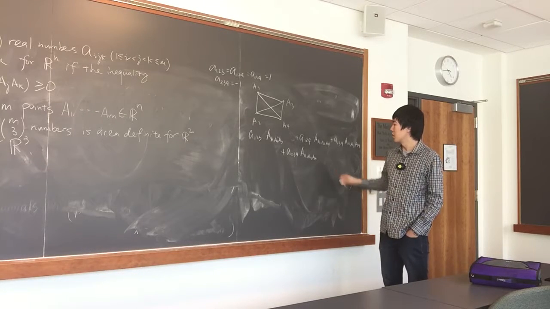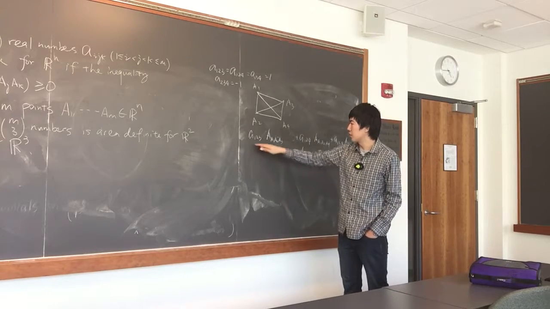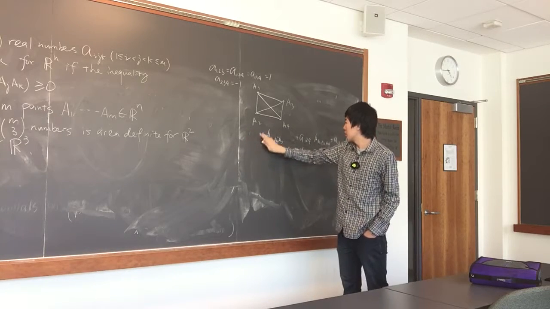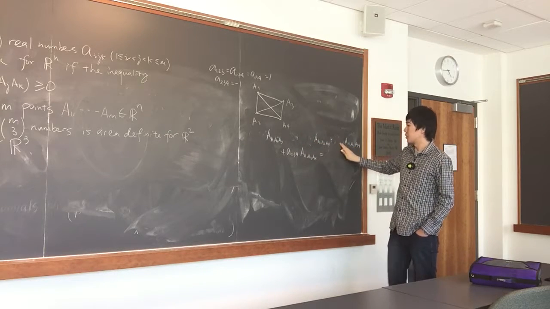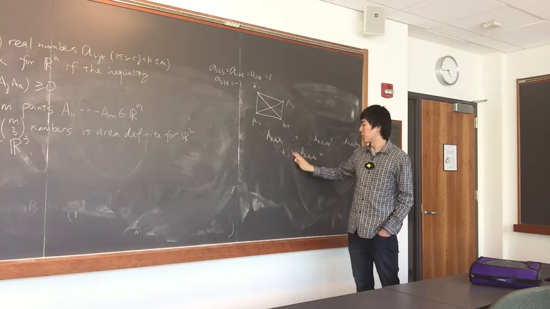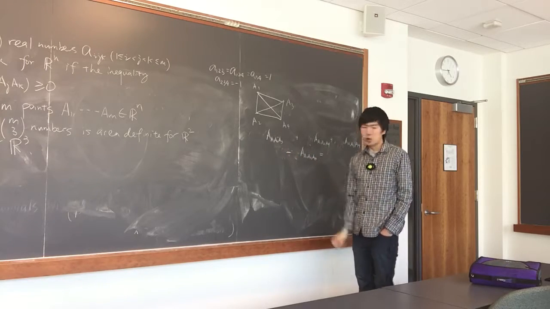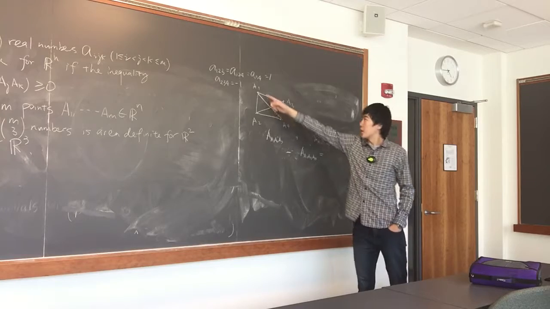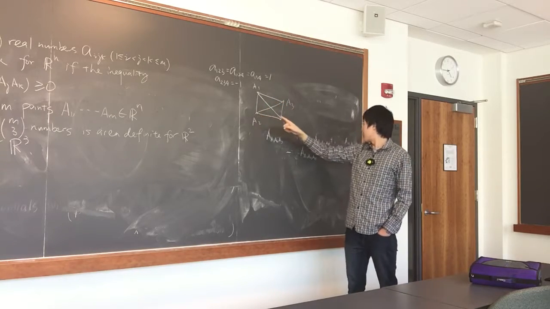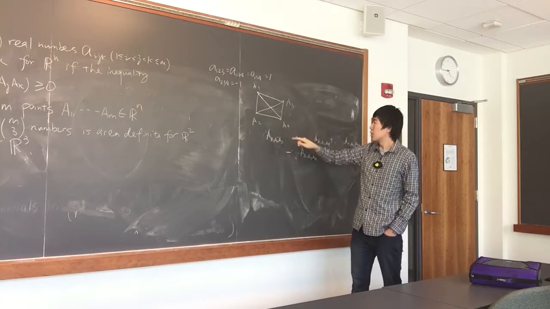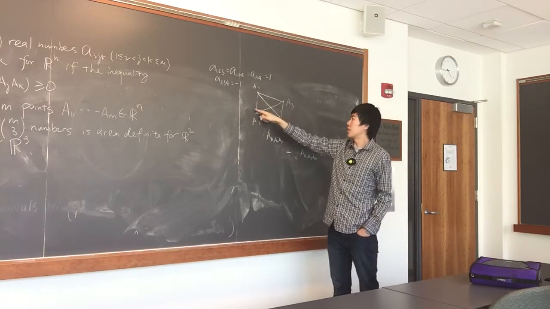No, wait, this is not 0. As it turns out, if we look at this, A123 is 1, A124 is also 1, A134 is 1, and A234 is -1. So what we really have here is the areas of A1A2A3 plus A1A2A4 plus A1A3A4.